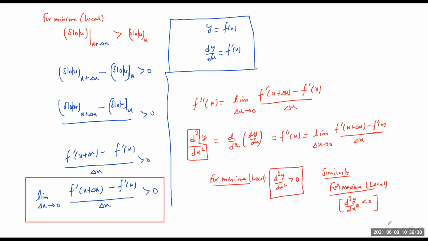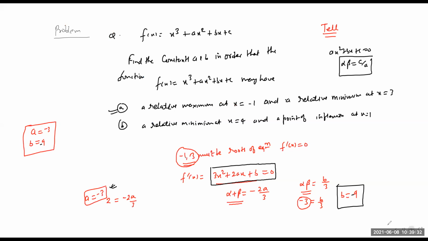So the b part says that x equals 4 is a minimum and x equals 1 is the point of inflection. So now if f(x) is how much? x³ + ax² + bx + c.